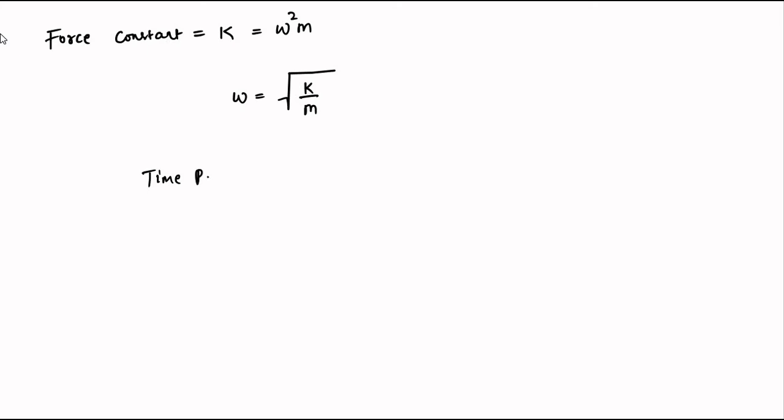So we know that the force constant of the system k is equal to omega square m, as we expressed previously. So we can say that omega is equal to root over of k by m. Now we know that the time period T of simple harmonic motion is 2 pi by omega.